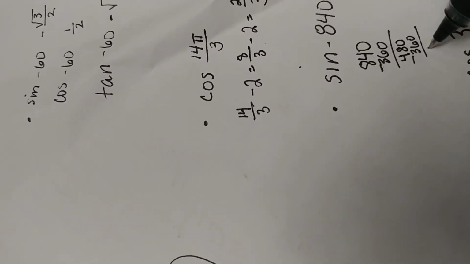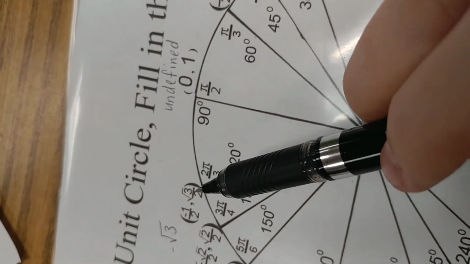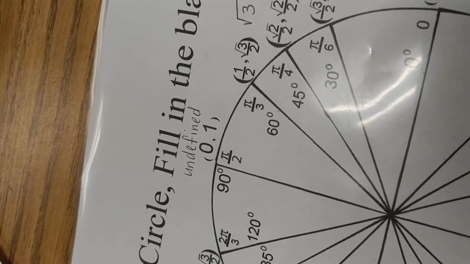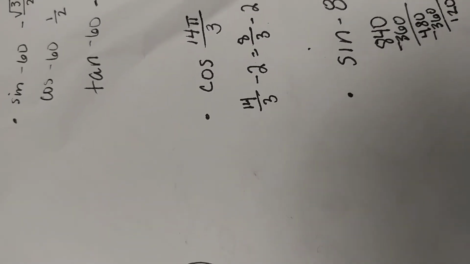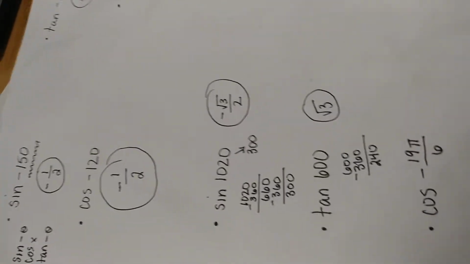When you do, you get 120. Now that's less than 360, and it is on the unit circle. It says sine. Sine is your second answer, which is the square root of 3 over 2. However, this is when you address the negative. This negative means I have to change the sign. Negative square root of 3 over 2.